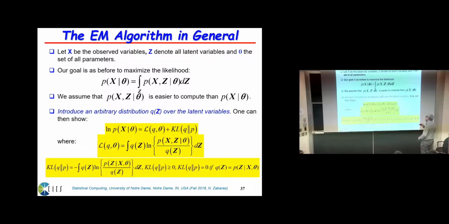So this is called the lower bound, and we will explain why. It's given by this wonderful formula, and this is the KL distance between an arbitrary distribution Q and the posterior P of the latent variables.